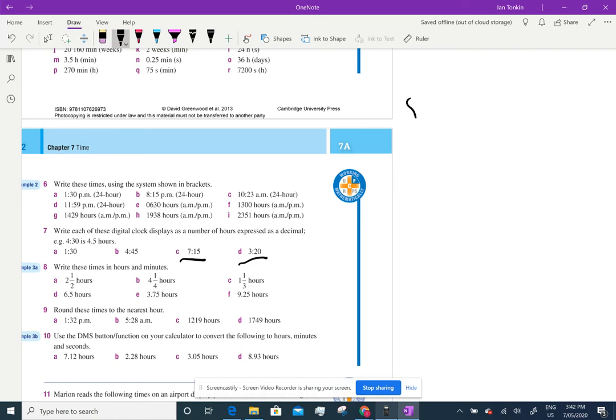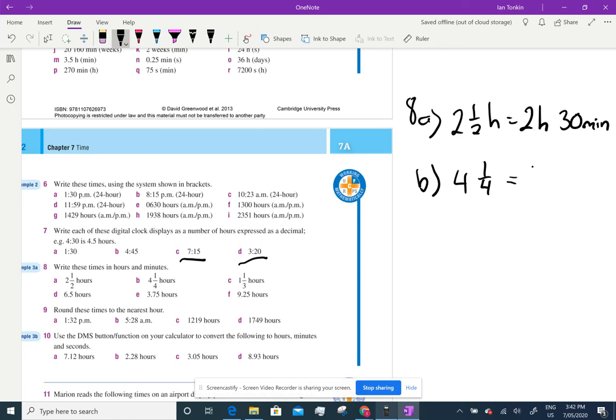Okay, so 8A, 2.5 hours. Well, that's 2 hours, half an hour, 30 minutes, half of 60. Okay, B, 4.25 hours. Now what did we say a quarter was? 15 minutes. So 4 hours and 15 minutes. You have a go at C.